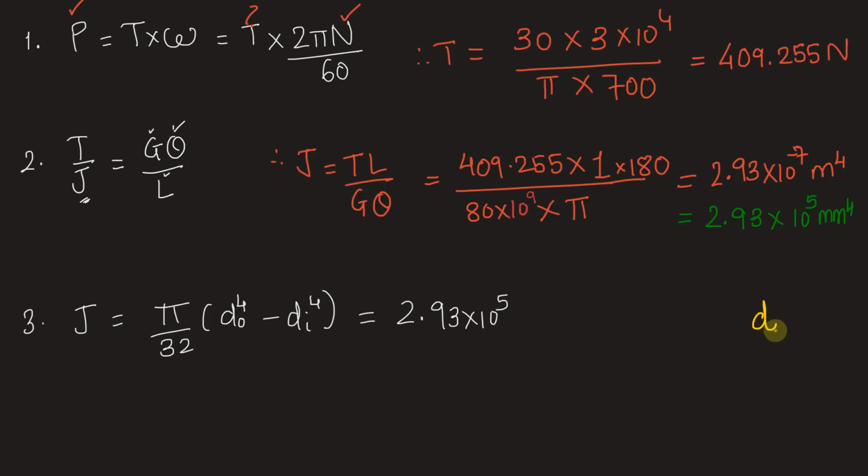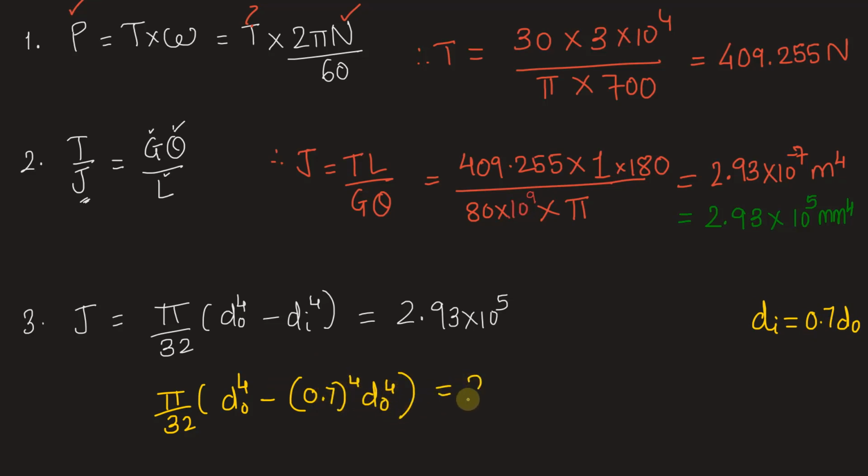We can substitute di equal to 0.7 times do. So we will get pi by 32 into do raised to 4 as it is minus 0.7 times do raised to 4. So we can separate it out: 0.7 raised to 4 into do raised to 4 is equal to 2.93 into 10 to the power 5.